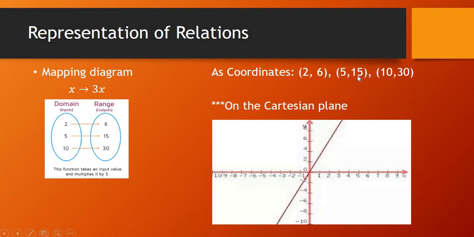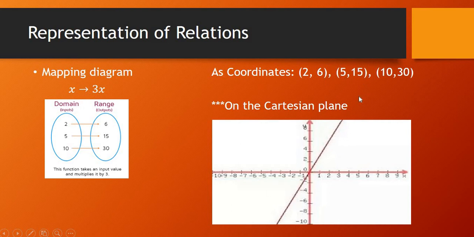And 10 mapped onto 30 can be represented as coordinate, which is (10, 30). Alright? Note that these coordinates can be represented on a Cartesian plane.